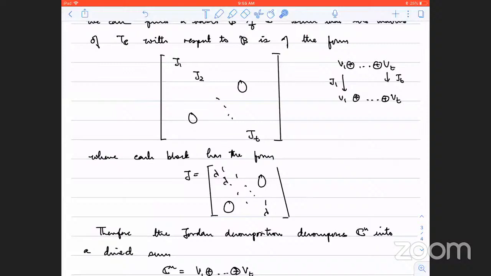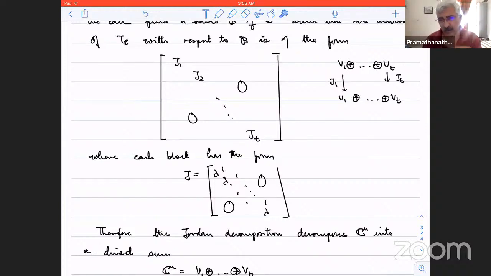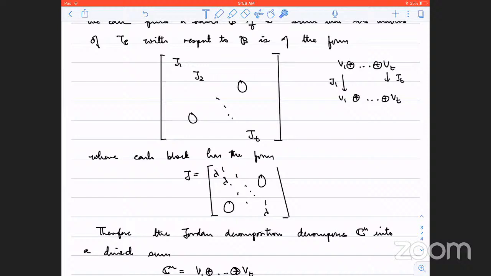Sir, can the theory behind Jordan blocks be covered in a tutorial? No, I don't want to. This is an algebra thing. We should know how to use it. I don't want to waste the tutor's time on something like this. I'll give you reading material if you want to read.